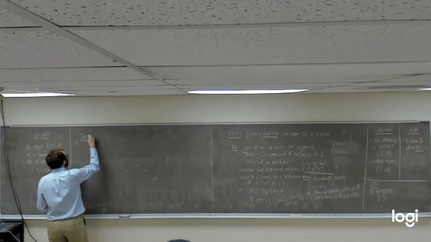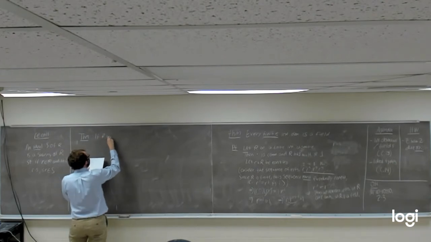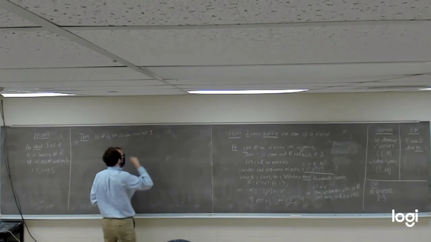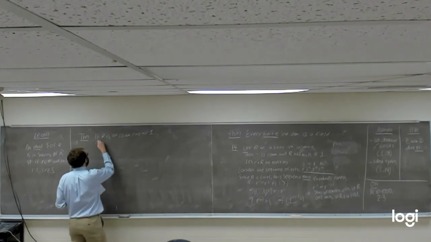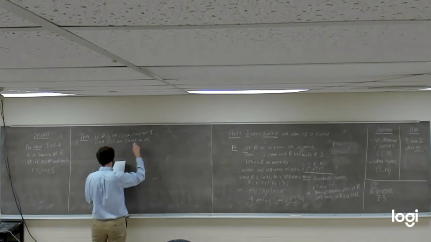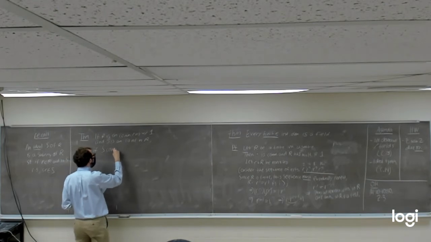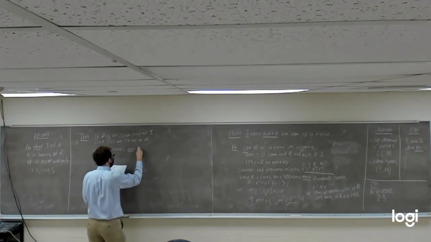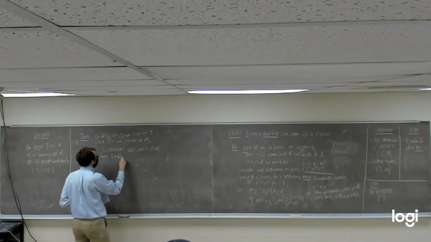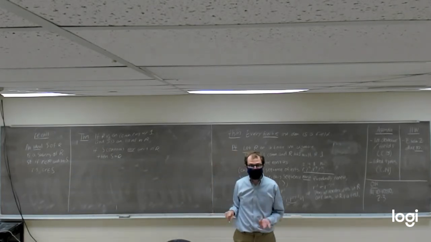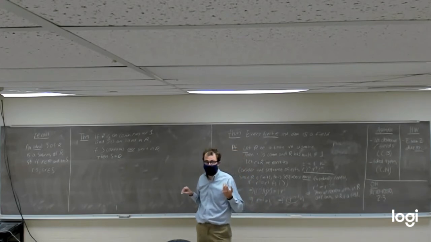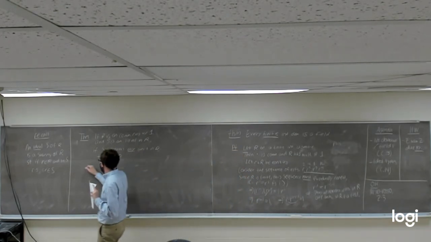And what this theorem is going to say is that if R is any commutative ring with a multiplicative identity 1, and S is an ideal in R, if S contains any unit in R, then S has to be the entire ring R. In other words, as long as S contains any element that has a multiplicative inverse, S automatically will have to be the entire ring. So let's see if we can prove this.